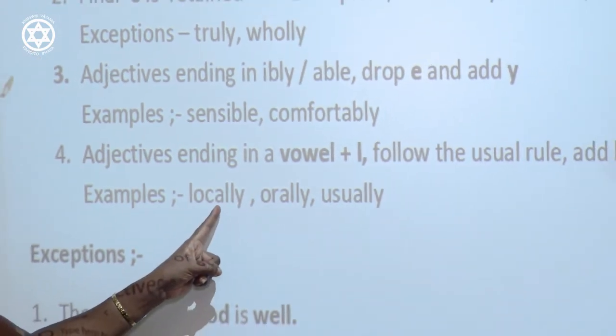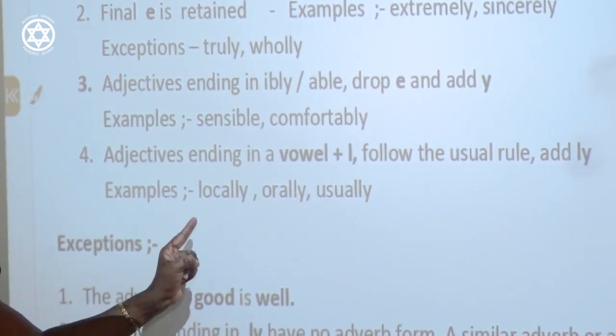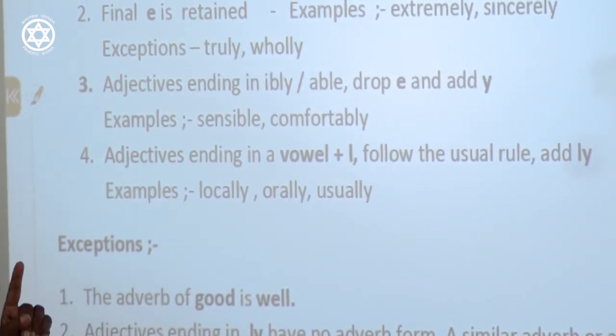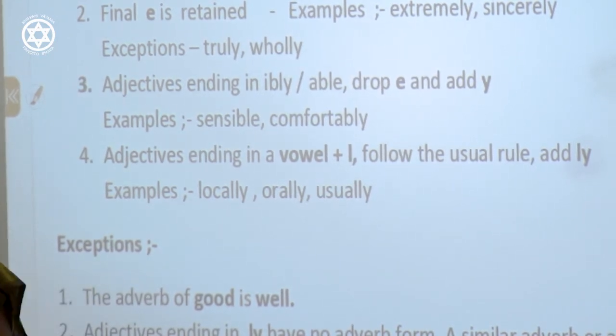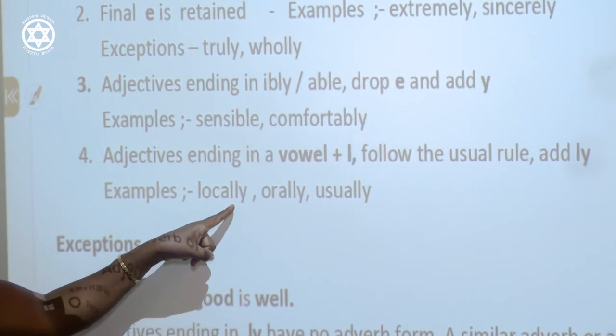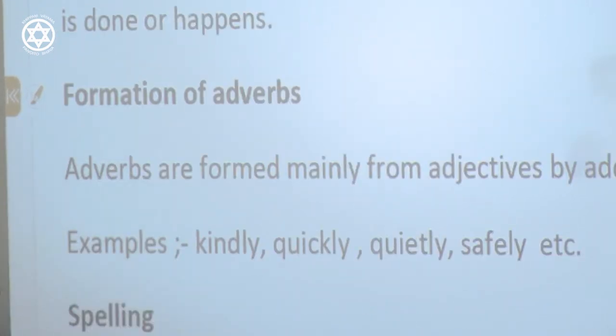Here you have a vowel plus l, local. When you use the word local, it is an adjective, and it has a vowel plus l. So when you are forming it into an adverb, you have to put double l, then y, right? So there are some exceptions as well.